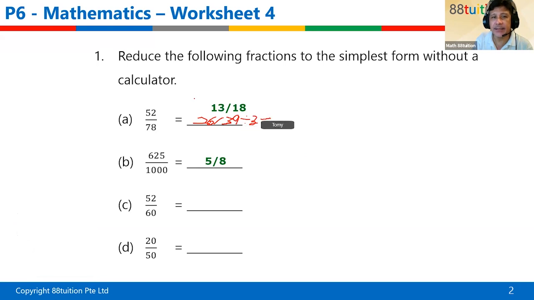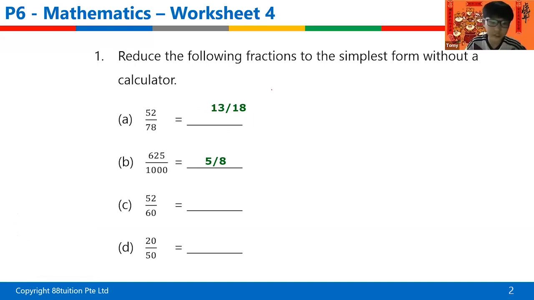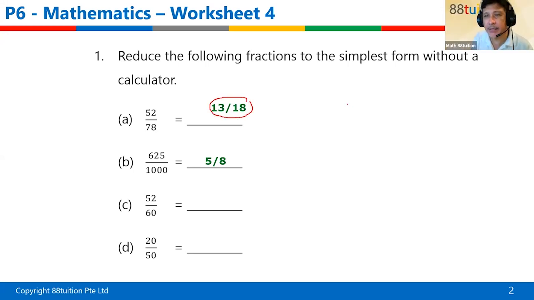Because 26 and 39 cannot be divided by 3. You must divide by 13. So we have a problem with this one. Okay, who typed in this one?